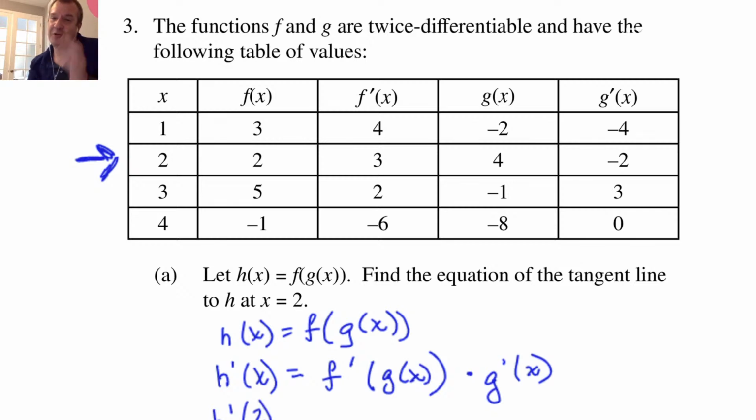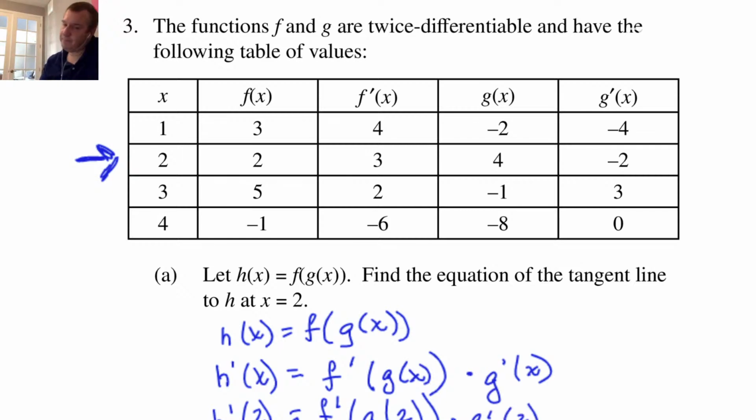So here you just got to make sure that you're matching up with your lines, your columns. You see the overlap where they intersect with each other. So you're grabbing the correct values. So f prime of g of 2 times g prime of 2.